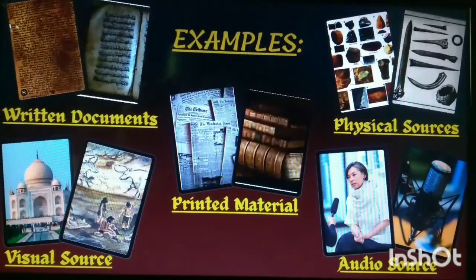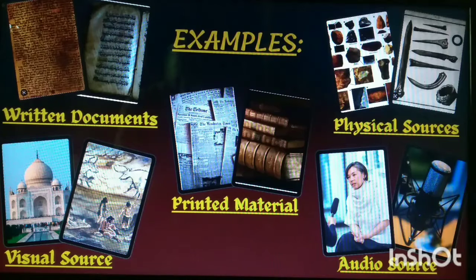Now let's see some of the examples. As you can see, written source is written or printed. Visual source can be any monument like Taj Mahal, Red Fort, or any cave paintings, which we can see.